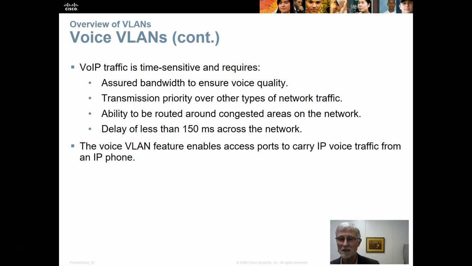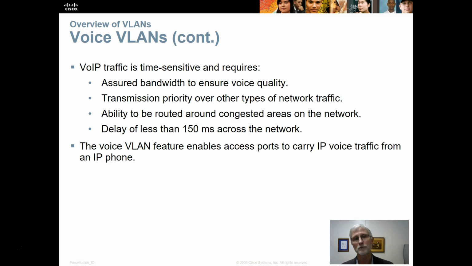Now, because voice over IP traffic is usually time sensitive, you want to make sure the bandwidth's there to make sure you've got voice quality. Even though we don't need a lot of bandwidth, you still want to make sure that you can be heard. So you can give it priority over different types of network traffic, over raw data. Remember, we'll come back to that later.